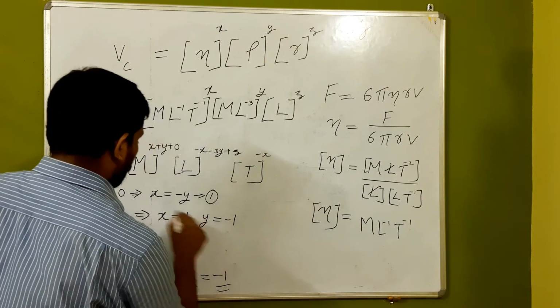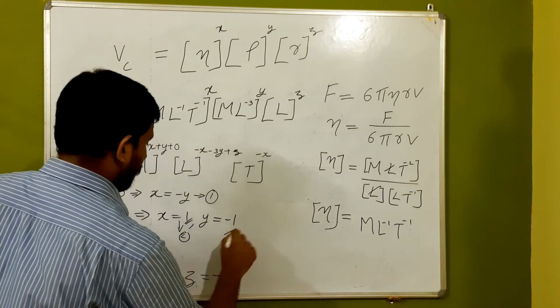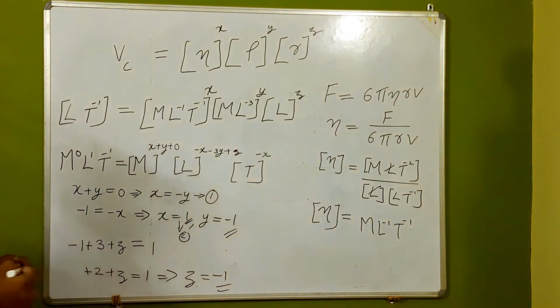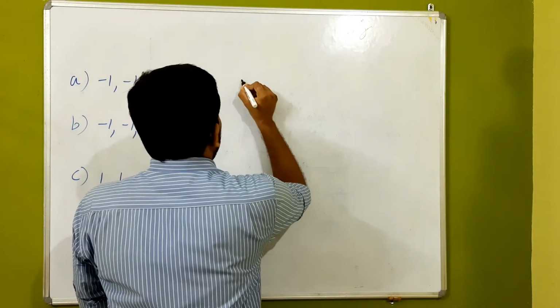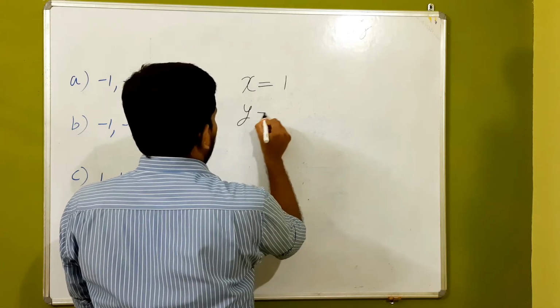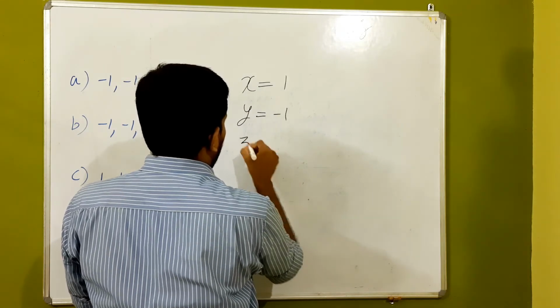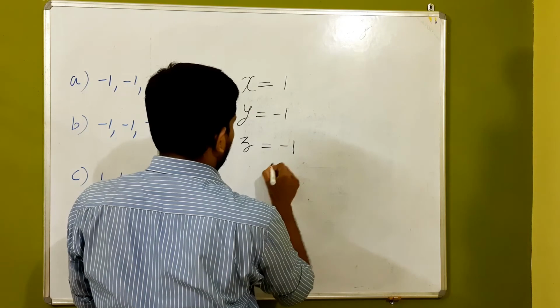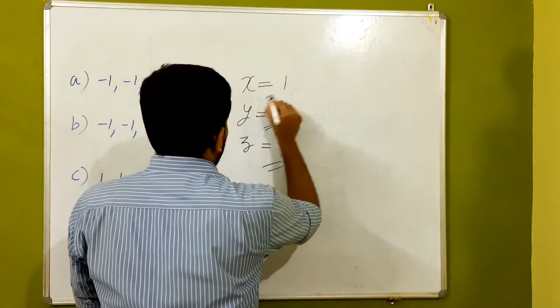So x is equal to 1, y is equal to minus 1, and z is equal to minus 1. Thus we get the values of x as 1, y as minus 1, and z also as minus 1. So this is the answer.